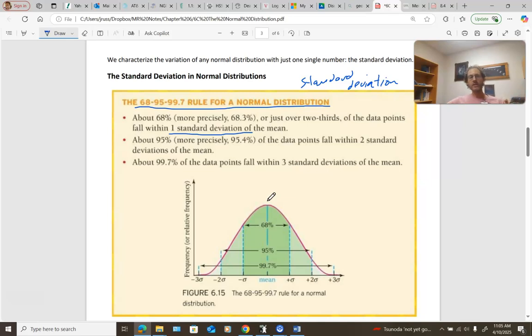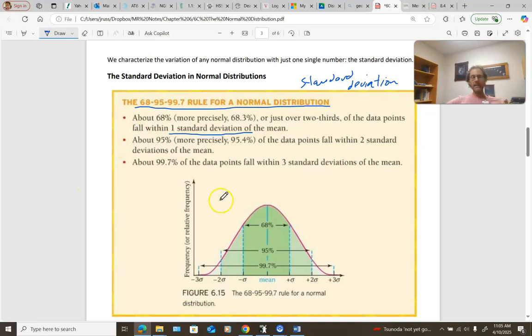So what this is telling us is that anywhere from 85, one standard deviation below, to 115, one standard deviation above, that's where you're going to have roughly 68% of your IQ scores. Or you can put it another way: 68% of people are going to have IQ scores anywhere from 85 to 115.